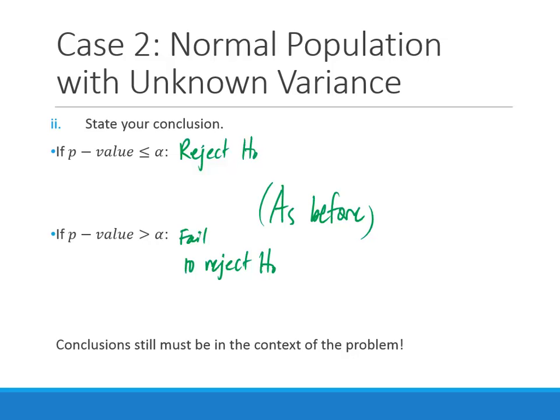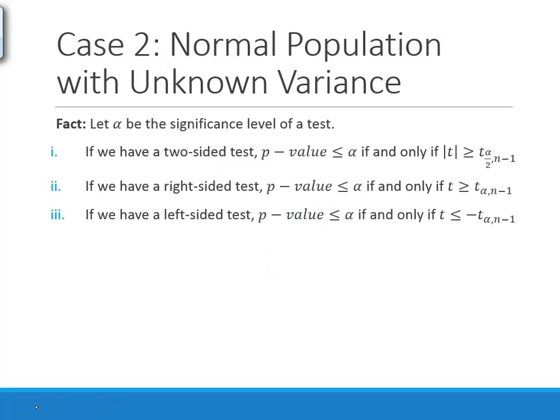You're going to be using a t instead of a z. And similar to before, if you're thinking about this in terms of critical values, you could compare your test statistic to a critical value, just like you could calculate a p-value. It's going to be the same strategy here.